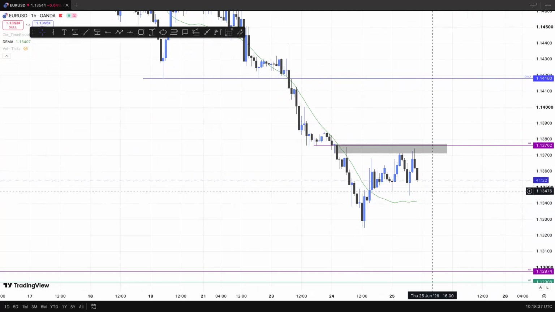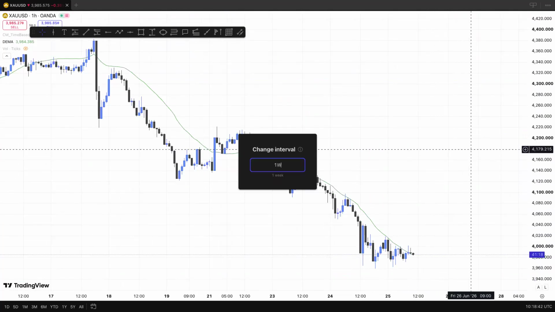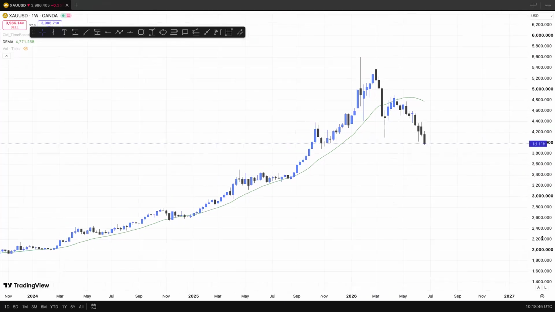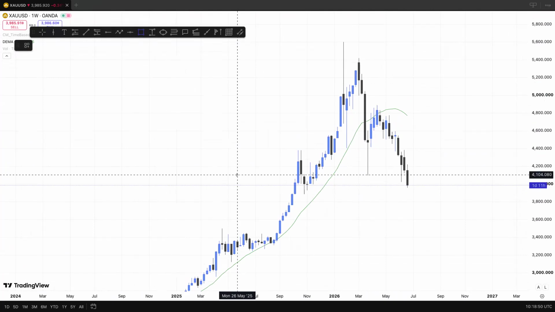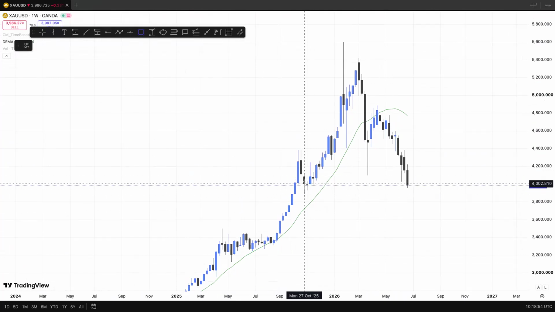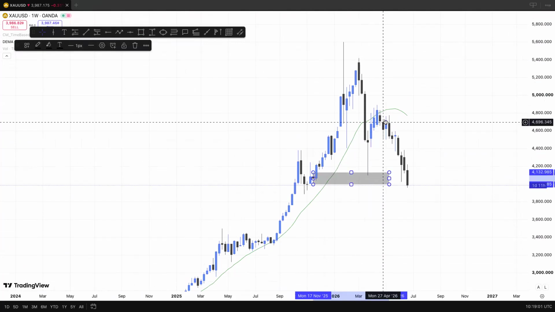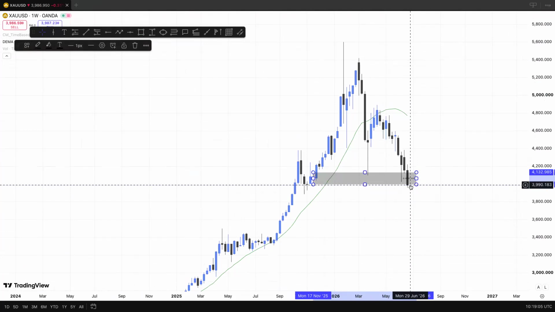Let's go to XAUUSD. Okay. So with XAUUSD on the weekly time frame, we had this demand right here, which got tested, distributed back to the upside, and then price is now coming down.